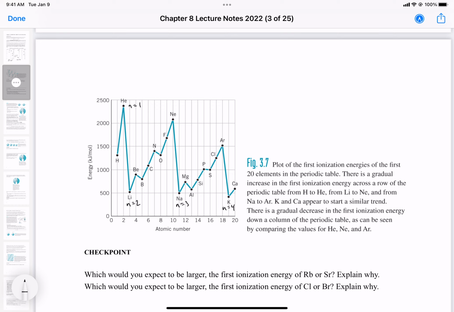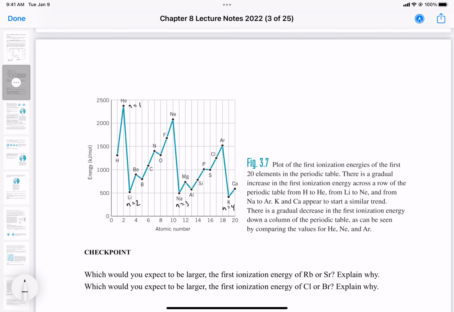And then as we go down a period or down a group, ionization energy generally decreases, because as valence electrons are added to the atoms, the valence shell is going to get further away from the nucleus because you're entering new principal energy levels.